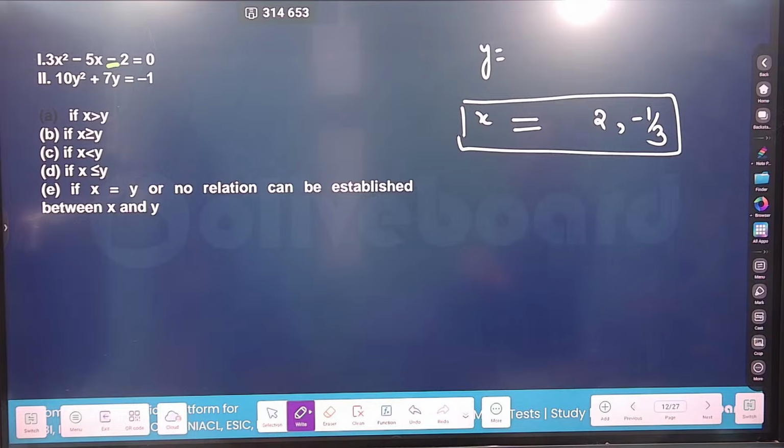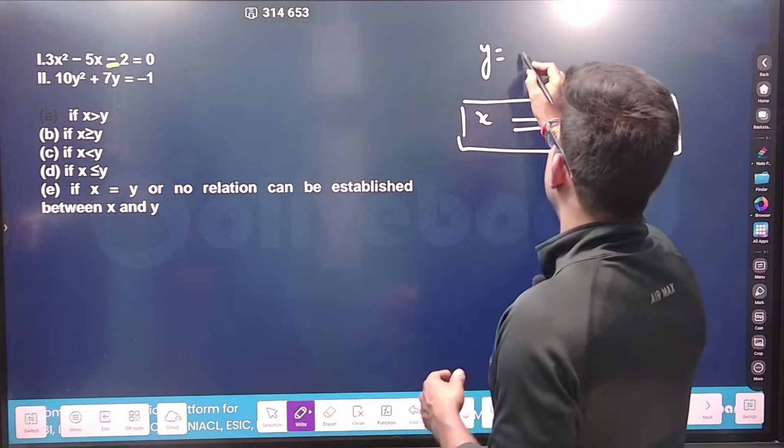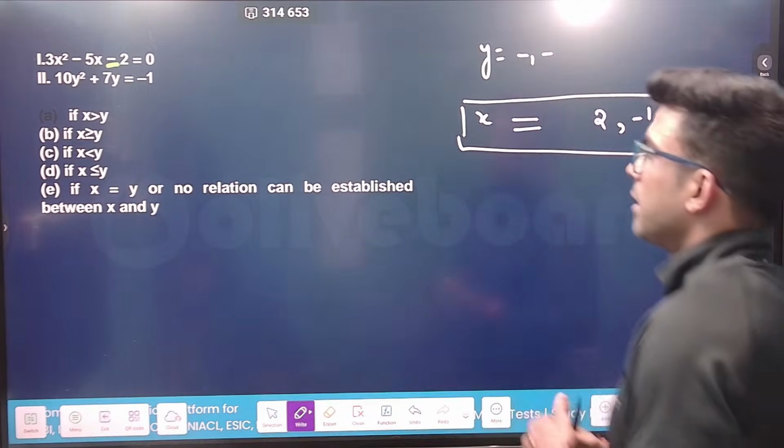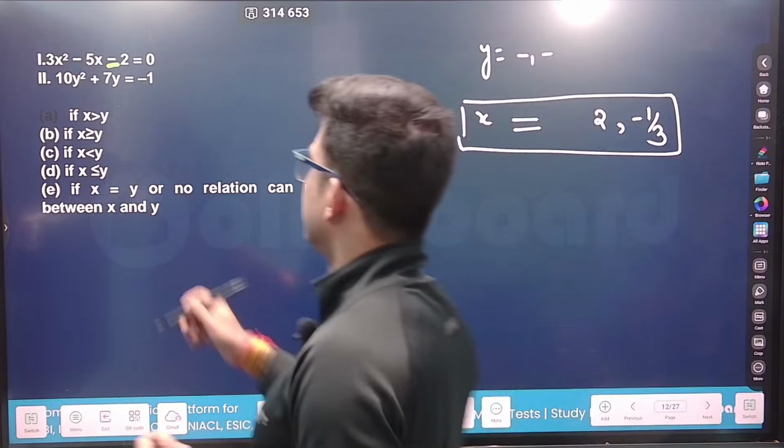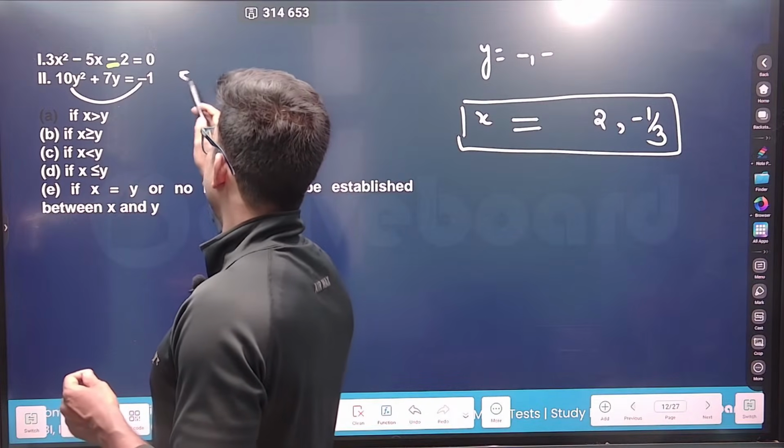For the y value, you can get positive or negative, what can you get? Again, both values would be negative. For y, both values would be negative. Just figure out how you can do it. 5 and 2, you can break the number into 5 and 2.